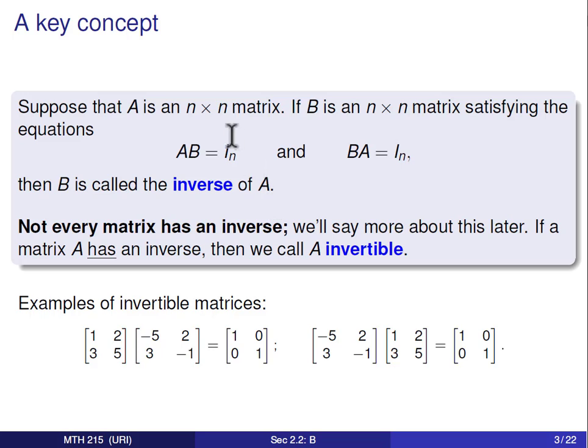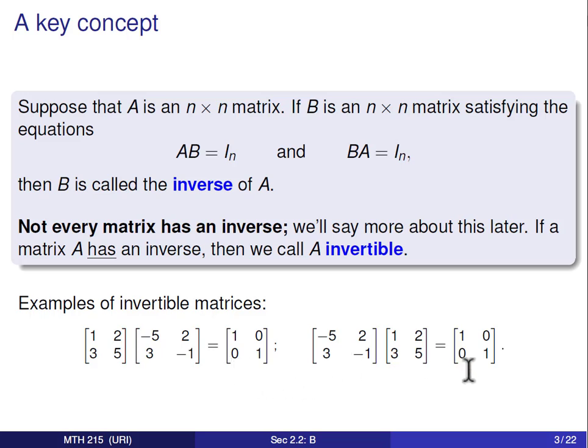Now we'll point out the identity matrix has to have the same size as A and B, just because of matrix multiplication. But let's take a look at an example of a matrix that has an inverse. The matrix 1, 2, 3, 5, and the matrix negative 5, 2, 3, negative 1 have the property that if you multiply them in either order, you're going to get out the 2 by 2 identity matrix.